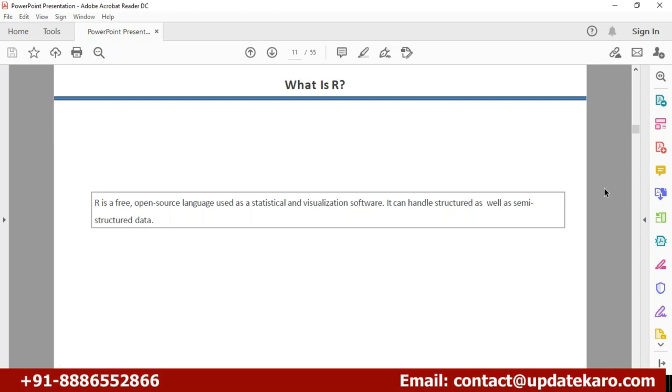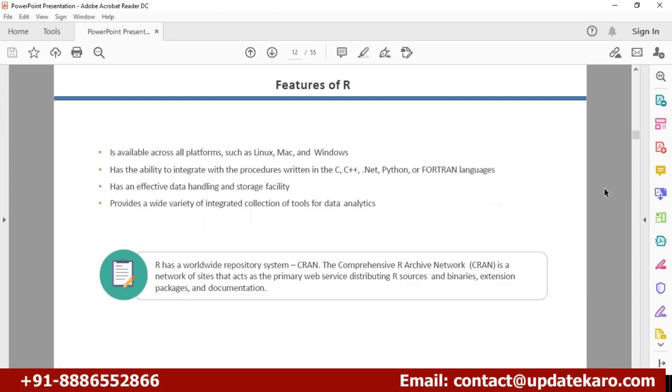It is free, and this is also a statistical software, and visualizations are at par with other visualization tools. So they can install R anytime into their ecosystem. It can handle both structured and semi-structured data.